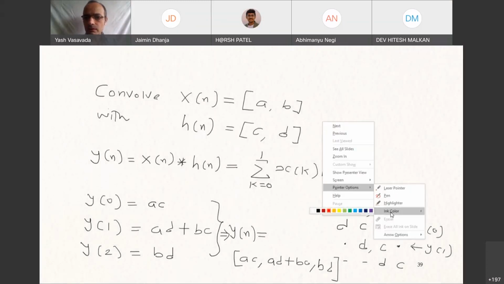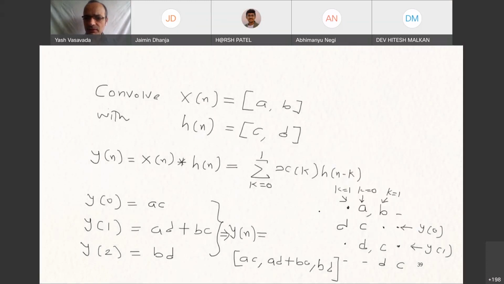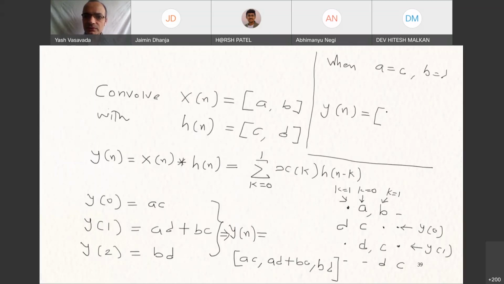So we said what happens when A is equal to C and B is equal to D. So when A is equal to C and B is equal to D, the answer is trivial. y of n is equal to A squared, 2AB and B squared.